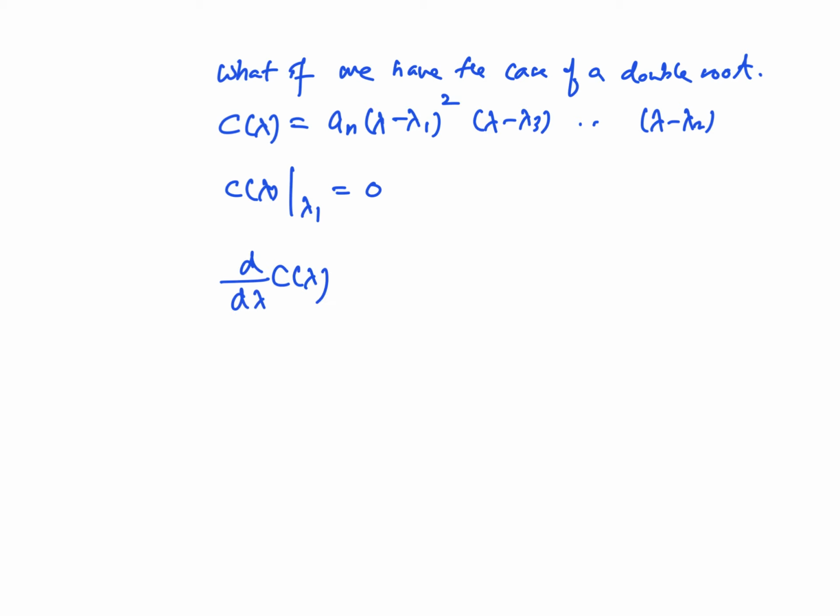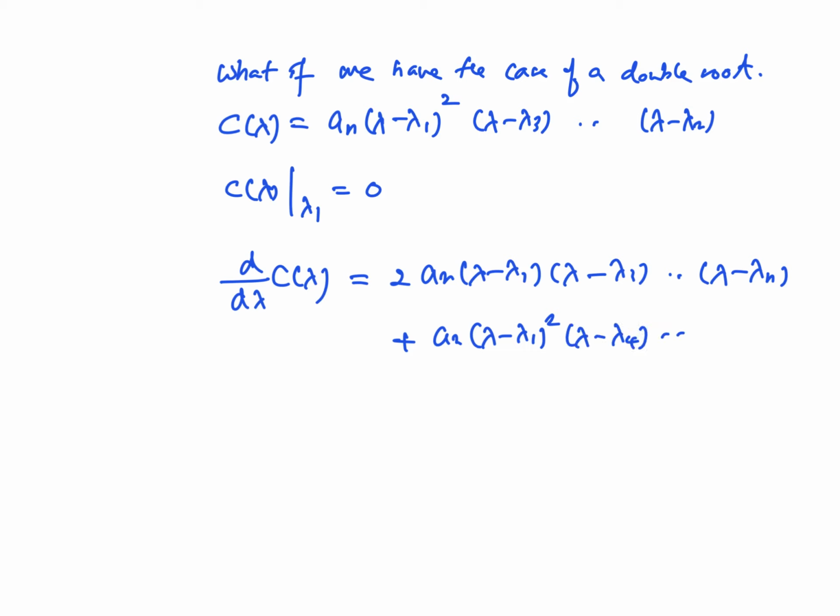What do we have? a_n twice times lambda minus lambda 1, lambda minus lambda 3, up to lambda minus lambda n, plus a_n lambda minus lambda 1 squared, lambda minus lambda 4, up to lambda minus lambda n, and so on, plus a_n lambda minus lambda 1 squared, lambda minus lambda 3, up to lambda minus lambda n minus 1.